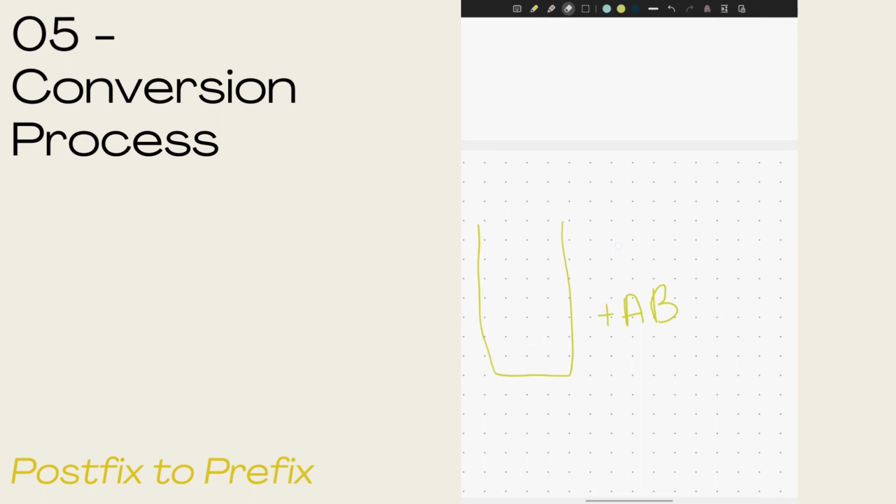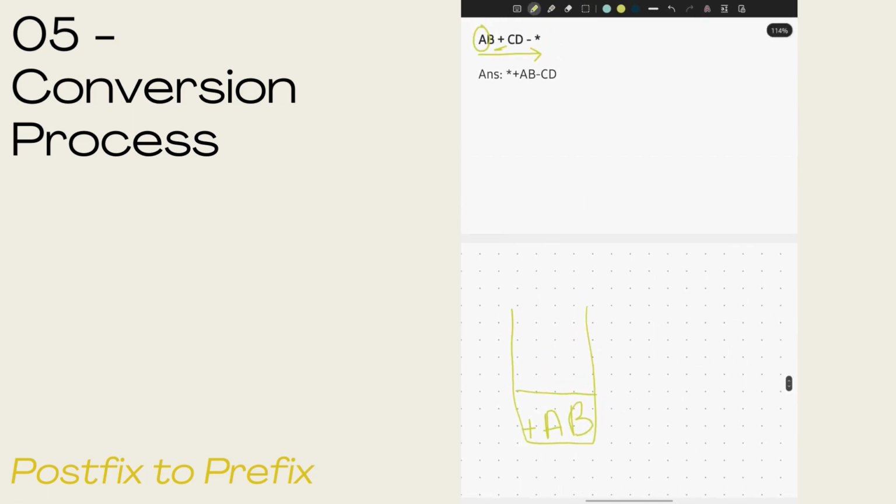Now we push it back into the stack. After that, we have C, which is an operand, and D. Now we encounter operator, so what we do, we pop these two. Remember, D at the back, then C, and then minus, we put before the two operands. Then we push it back into the stack.